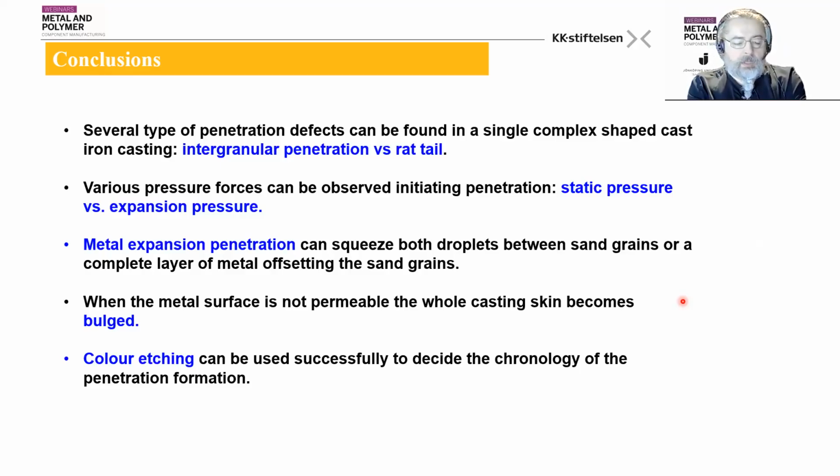If you are wondering how to apply color etching, or what the tricks are to perform color etching in your foundries, you are asked to look out for our next webinar within the series for cast iron and ferrous alloys.